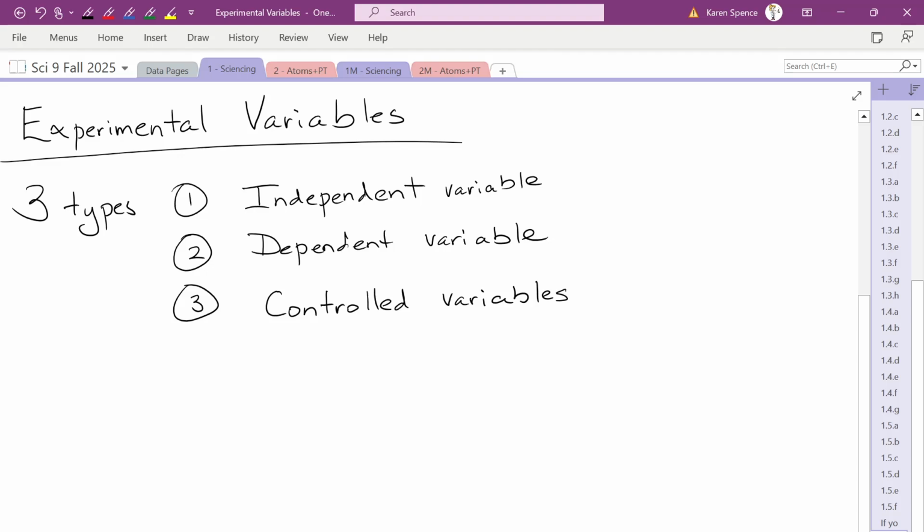All right, would anyone like to give it a go? Describe what an independent variable is? Yeah? The variable that is being tested. It is the variable that is being tested. It is the one that you change. Okay?